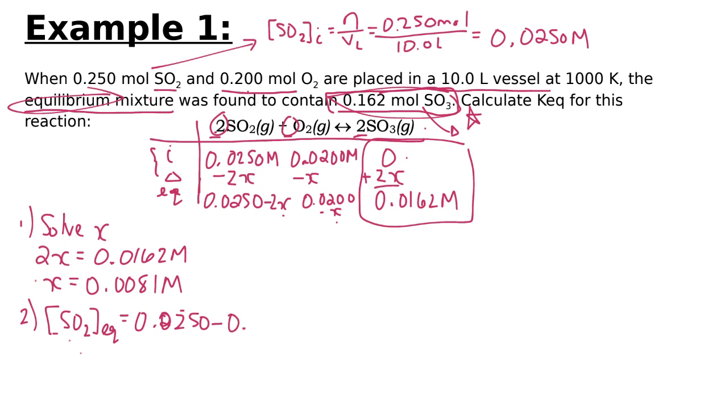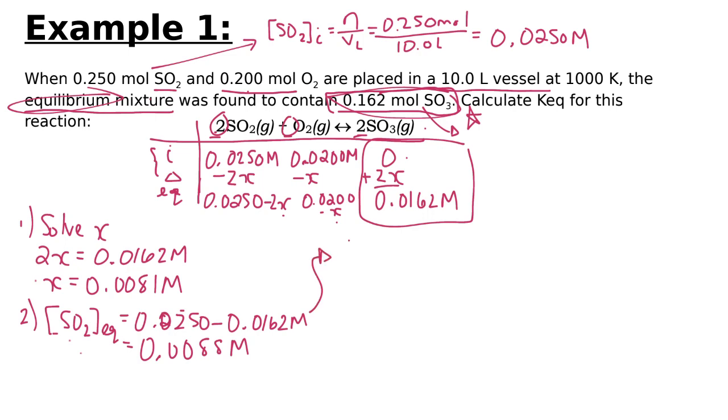Okay, so 2x is equal to 0.0162 molar. And when I subtract that off, I get a value of 0.0088 molar. And I can have 4 decimal places. Okay, so this is good. We can hang on to that.